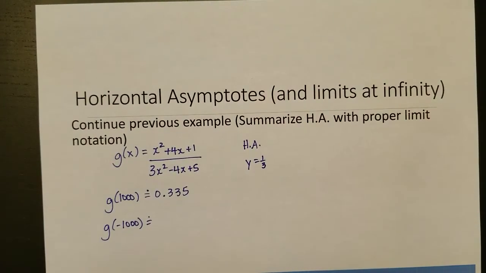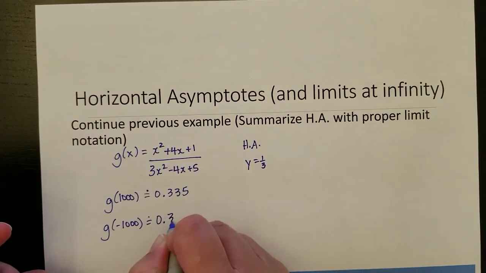If I do that same thing, and I say use negative 1,000, and substitute that in, here I'm going to get about 0.331.